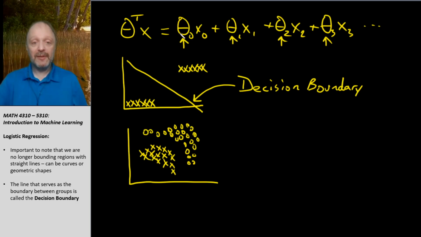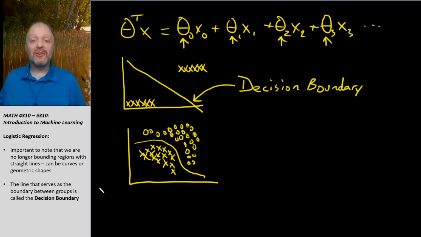Your decision boundary is going to try to find the thetas that will generate a line that divides the data into the two appropriate groups, and it may look something like this. We are no longer doing a linear regression. We are going to be working with generating decision boundaries that are whatever shape is needed to best divide the data into two groups.